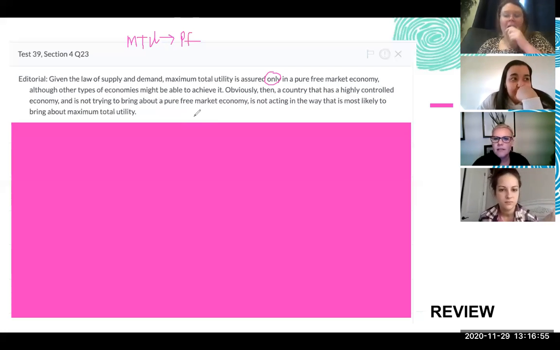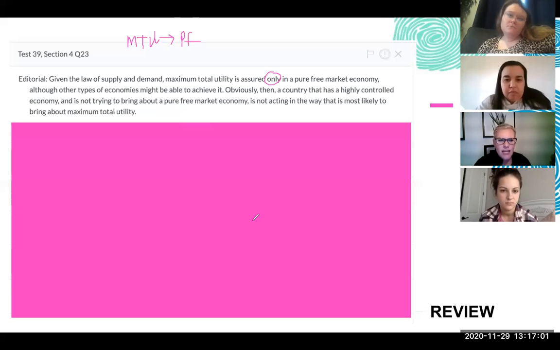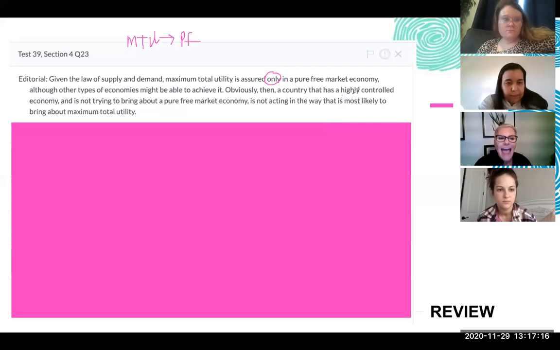So then obviously, a country that has a highly controlled economy, and so then I started thinking about that. I'm like, nowhere in our previous premise did we ever see highly controlled economy. It said other types of economies might be able to achieve it. So then it says highly controlled economy and is not trying to bring about a pure free market.